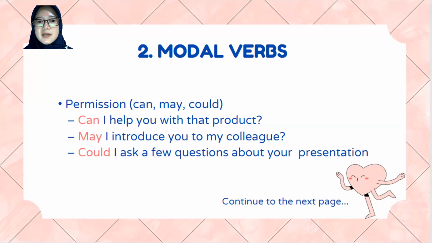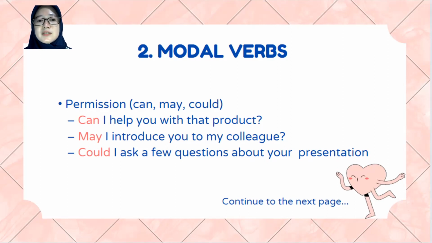I'm going to highlight the two examples here, can and could. Look at the sentences. Can I help you with that product? And could I ask a few questions about your presentations? The difference is between can and could.